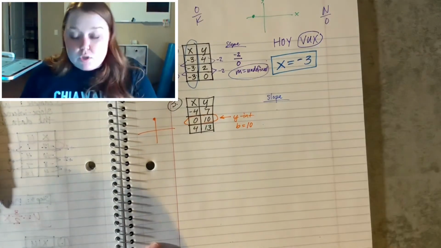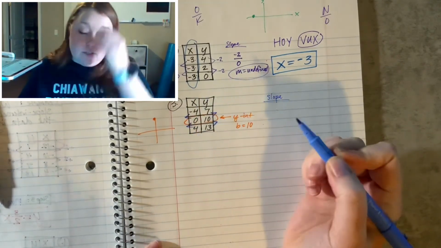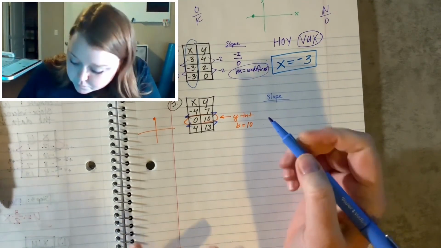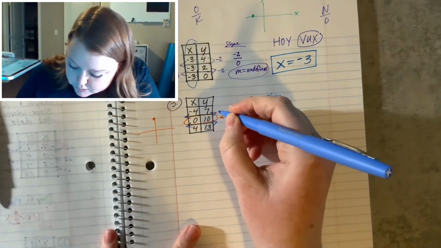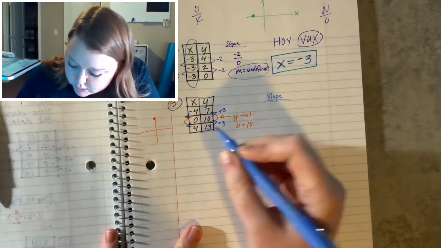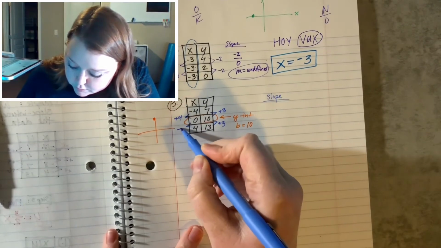Okay, so let's go ahead and do all our changes in y and changes in x. This would be a great time to pause the video and just kind of do it on your own and hit play. So from 7 to 10, that's an increase of 3, 10 to 13, increase of 3, -4 to 0, increase of 4, 0 to 4 is an increase of 4.